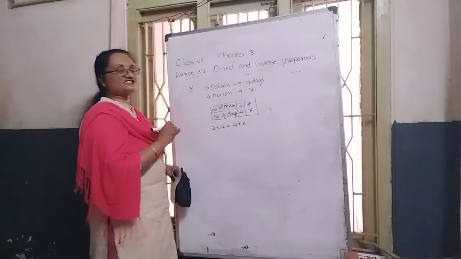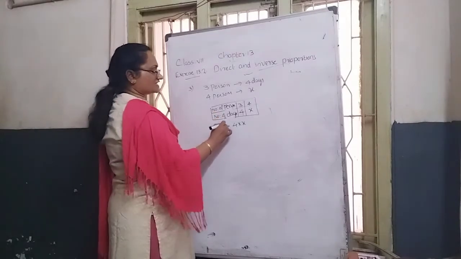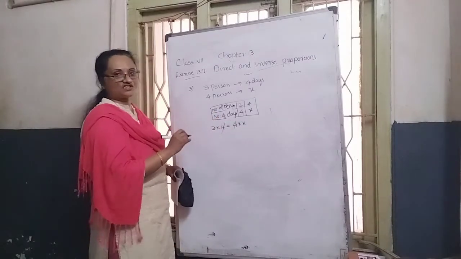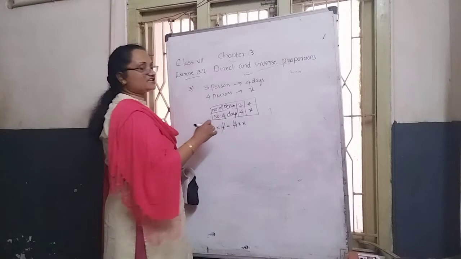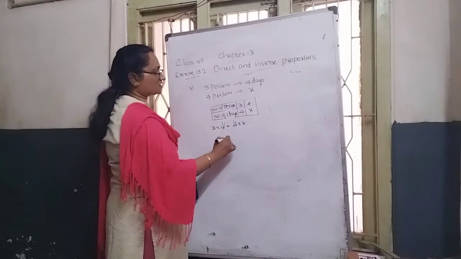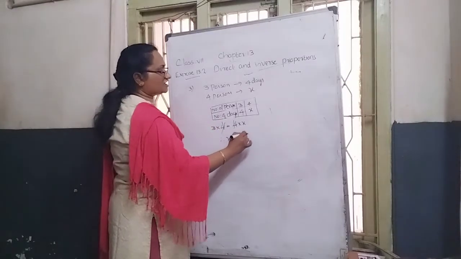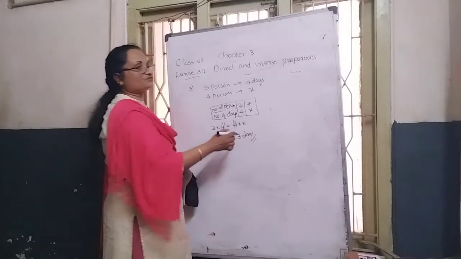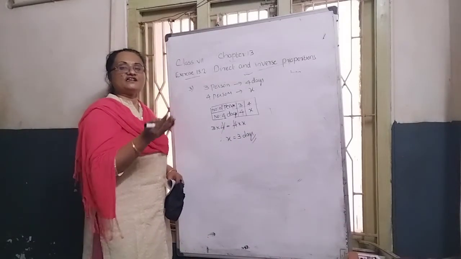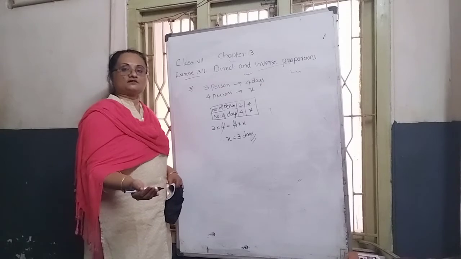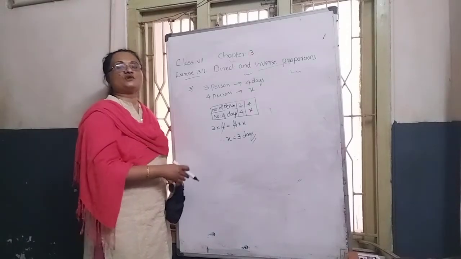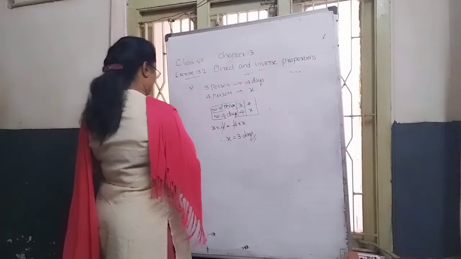We consider it as x. Find the x value. Here, right and left have the same number so we can cancel. After cancellation, x value becomes 3 days only. As the number of persons increases, the number of days decreases. That's why they are known as inverse proportion.